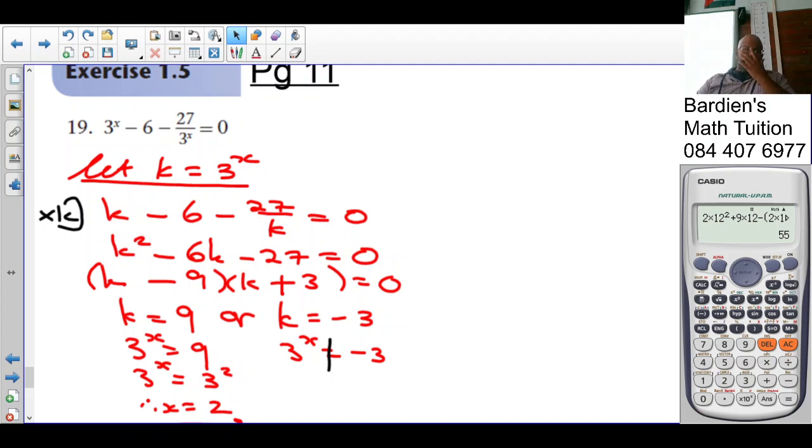Solving equations with rational exponents. This is on page 11.